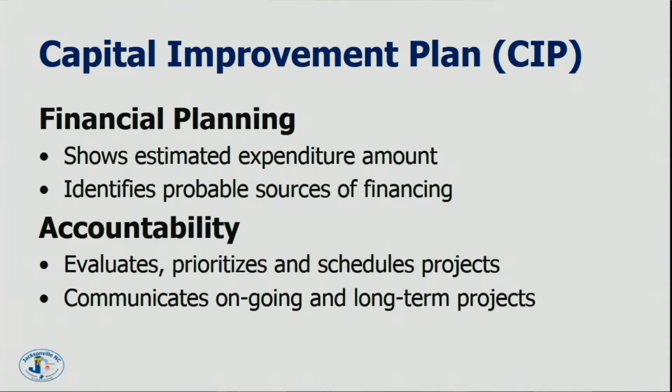This plan allows us to look ahead financially and keep us accountable on our projects. We're able to estimate our costs, identify funding sources in future years, and it helps us stay committed to the projects and also prioritize.